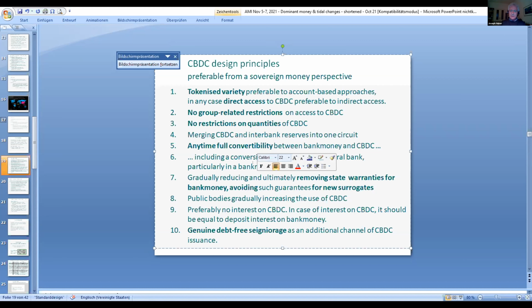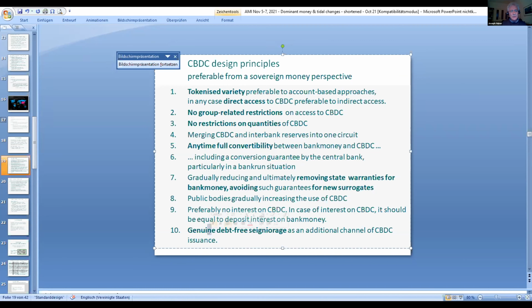Then point 7: if there is ever more CBDC and 100% covered stablecoins, then there is no more need for the central banks and the governments to maintain their guarantees for bank money, so that can be reduced over time, and that will then definitely be the end of bank money.